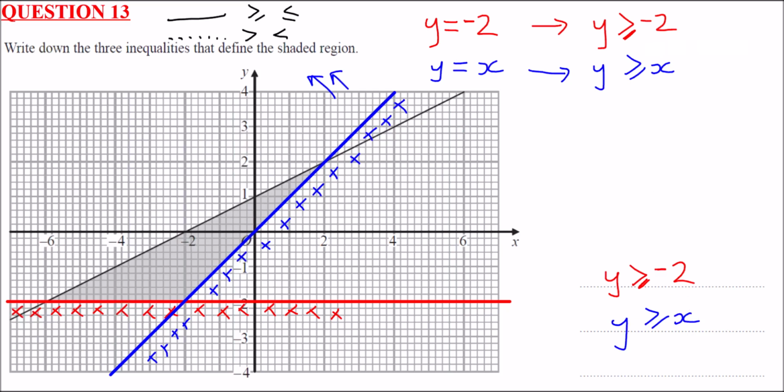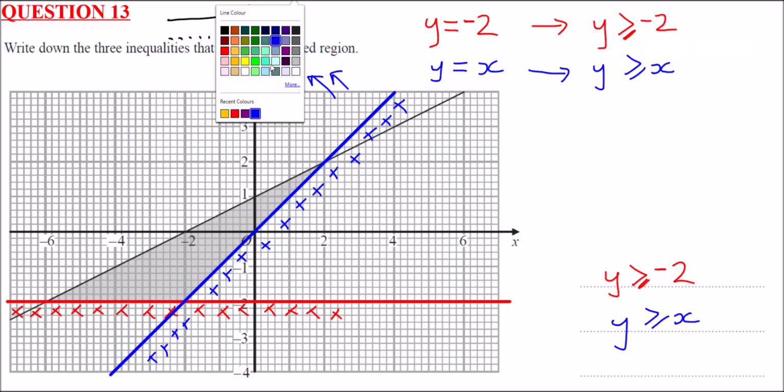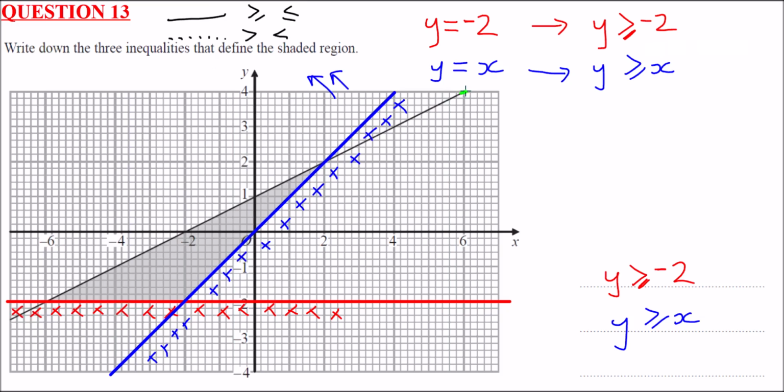The final line we've got to fill in is this green one I'm going to put on here. This one we need to work out the equation of. Now this is a bit harder because this isn't quite as obvious. So what we can do here for this green line is to perhaps work out the gradient. So the gradient of the green line, let's just take any 2 points and work out the difference between those 2 points.